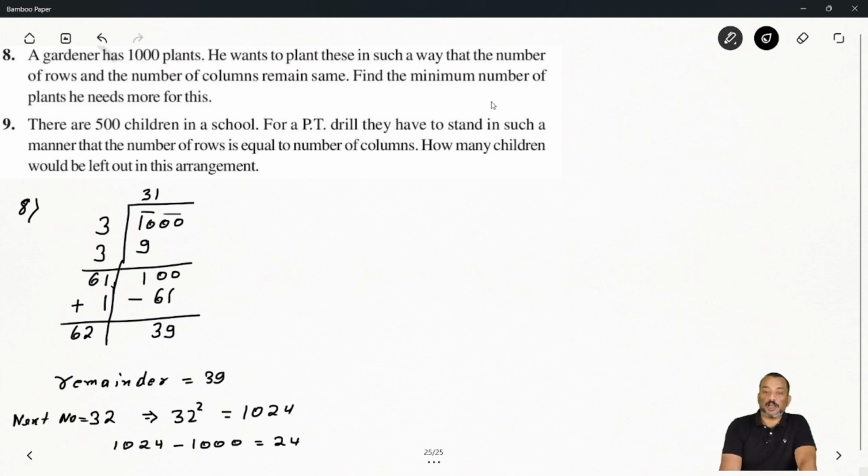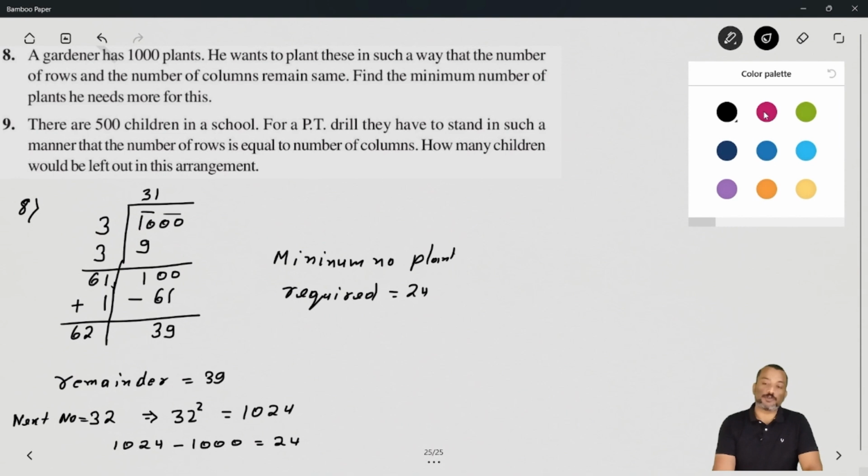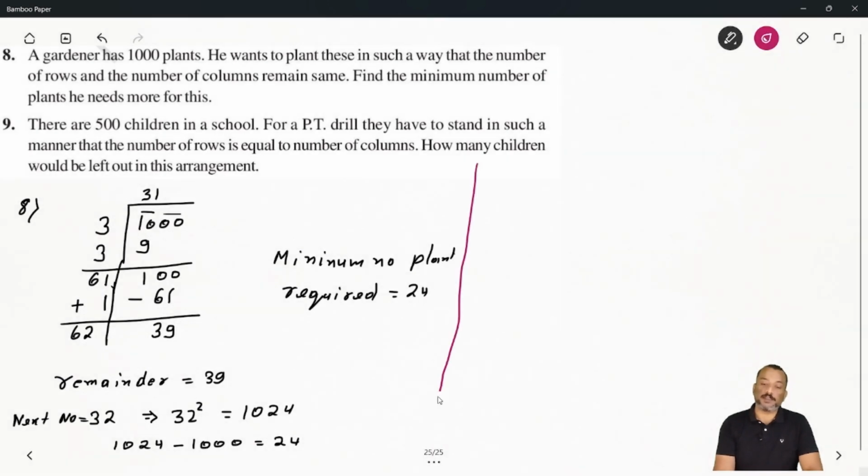So the minimum number of plants required is equal to 24. Hope it's clear. Now let's solve the last question of this exercise, that is the ninth question.